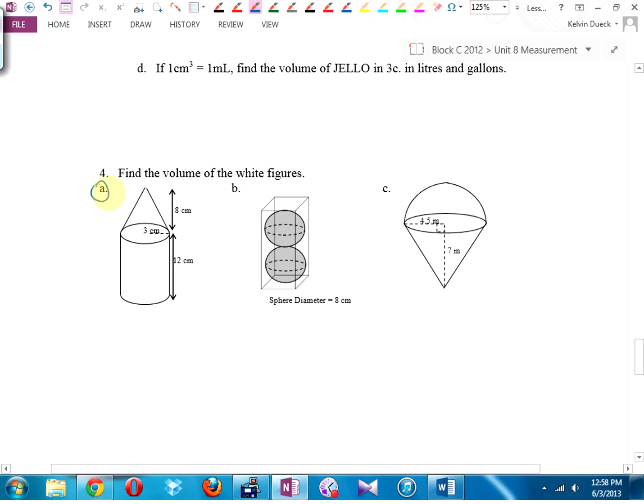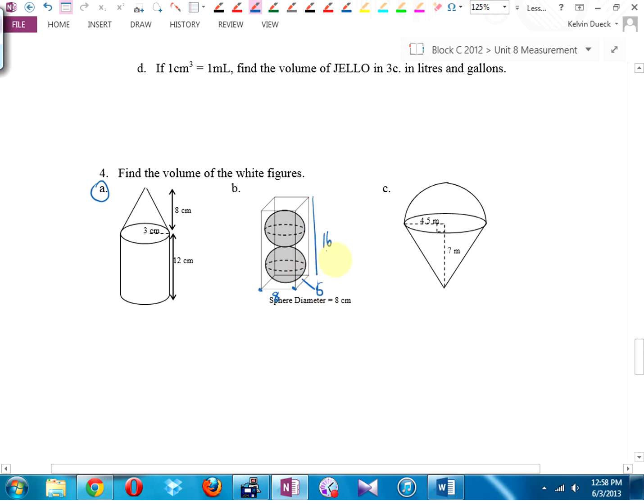So 4A, yes? How could you do 4B? A box minus 2 spheres. Oh! I think I just suggested how. It's a box minus 2 spheres where, how far from here to here? 8. How long is this line here? Think about it.